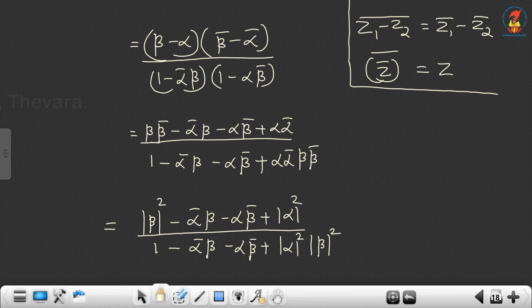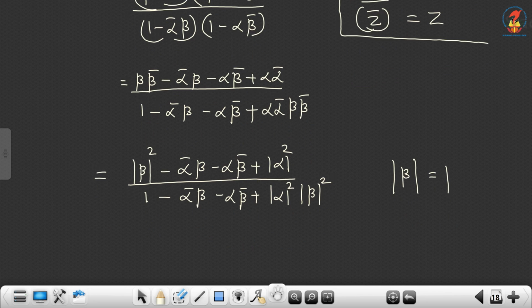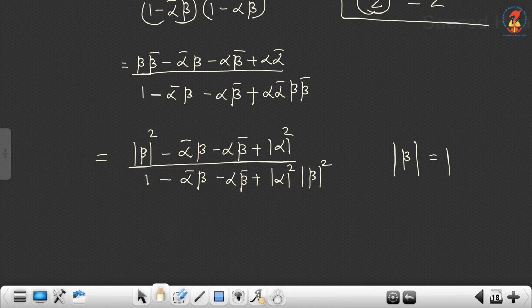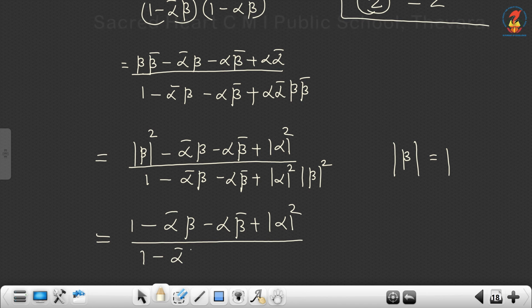Then it is given in the question that mod beta is equal to 1. So substitute mod beta as 1. The numerator becomes 1 minus alpha bar beta minus alpha beta bar plus mod alpha square, by 1 minus alpha bar beta minus alpha beta bar plus mod alpha square, since mod beta square is 1. Now check the numerator and denominator. Both are the same complex number, all the terms are the same, so we can cancel them.